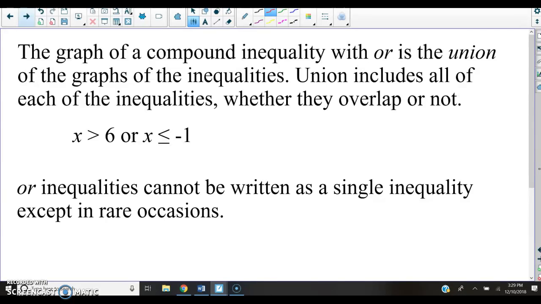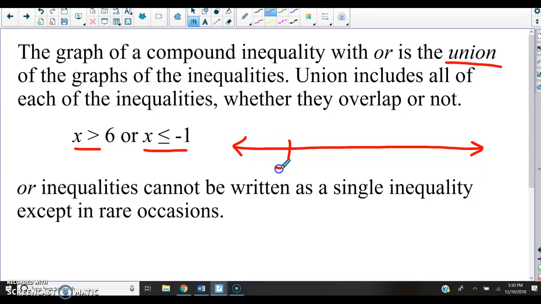Ors cannot be written with a single variable. It is impossible for x to be greater than 6 and less than -1 at the same time. With ors, it's one or the other, or maybe both. It's the union.